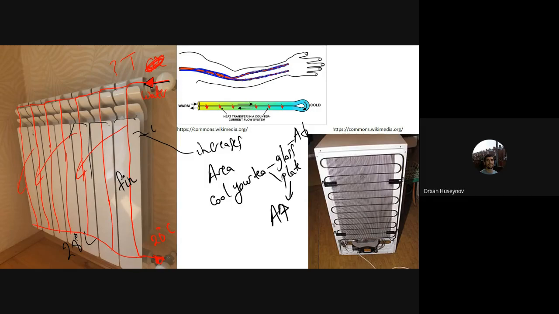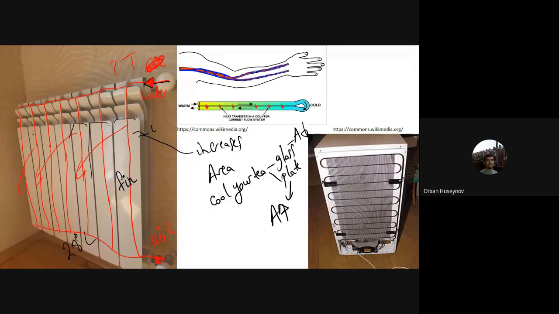Again, one of the good applications of thermodynamics is the blood circulation system in your body. This is the structure of the blood circulation system in our body. In our body, the incoming blood and the outgoing blood are very close to each other.